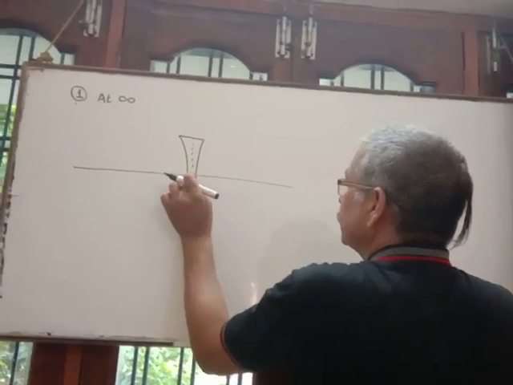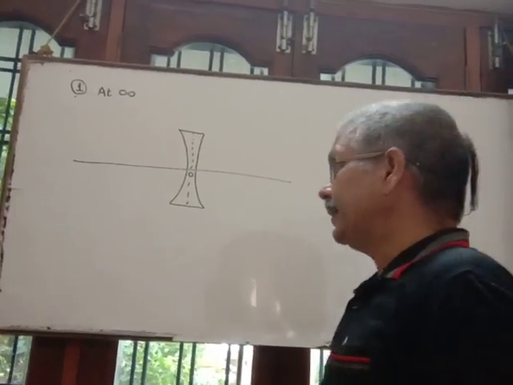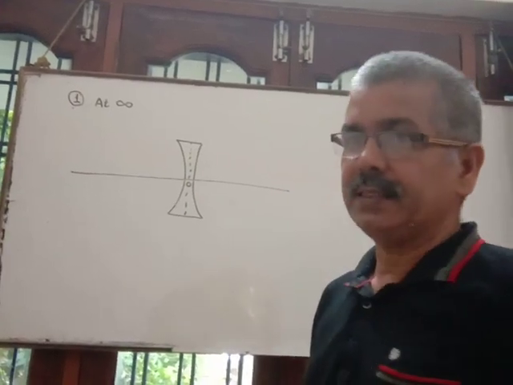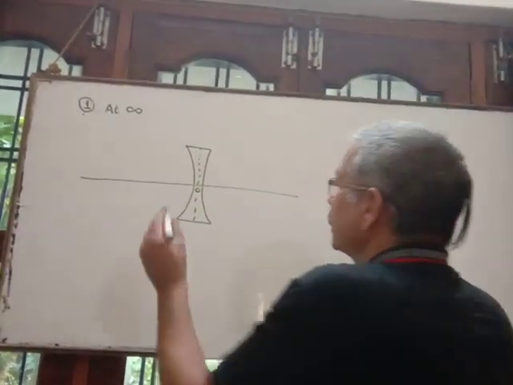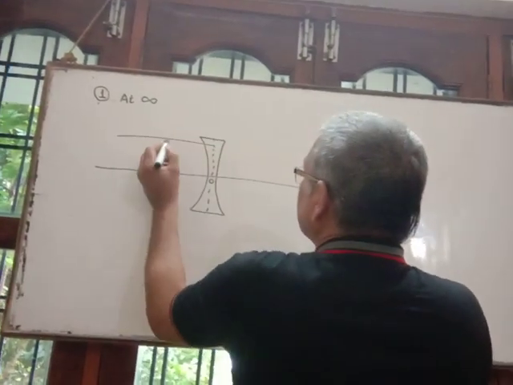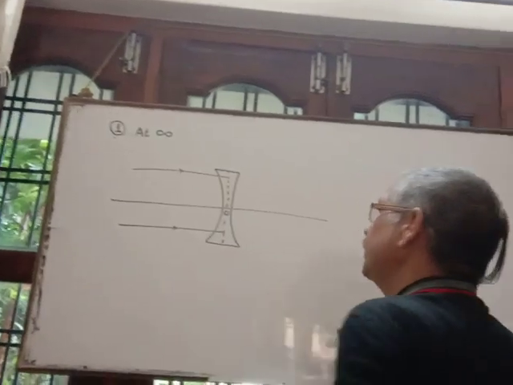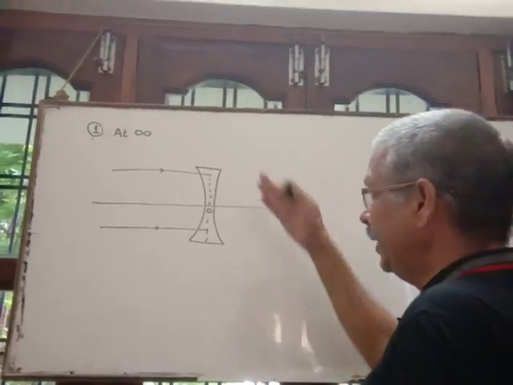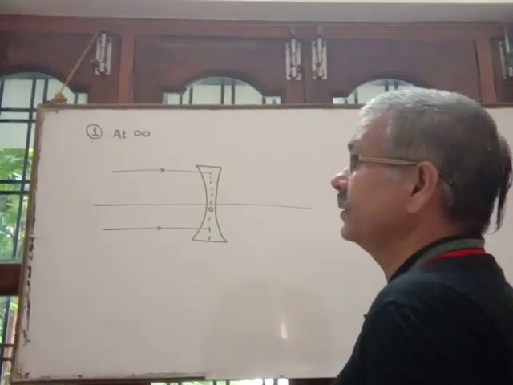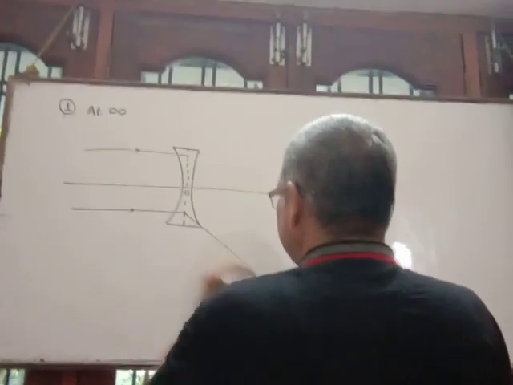principal axis, and this is the optical center. When the object is at infinity, we may suppose that the incident rays are parallel to the principal axis. Suppose these are the incident rays coming parallel to the principal axis. As you know, the nature of a concave lens is diverging, so they get diverged.